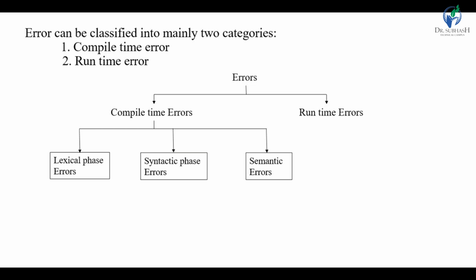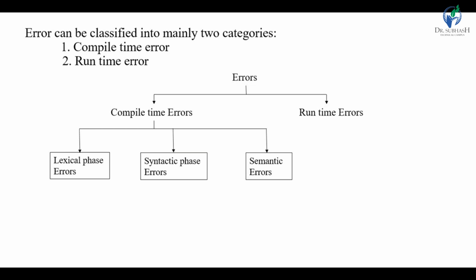Compile time errors are classified into three different sections. First is lexical phase error, second syntactic phase error, and third one is semantic errors. Lexical phase errors can be detected during the lexical analysis phase.